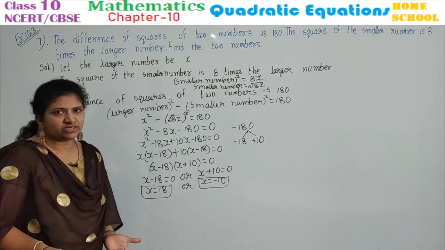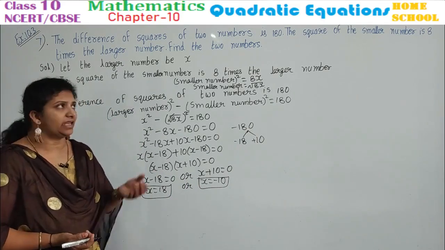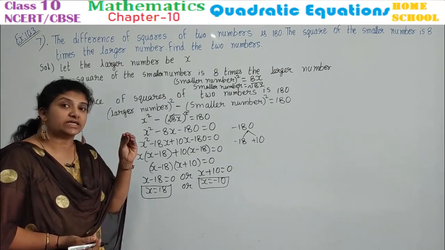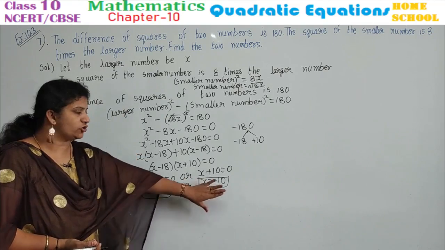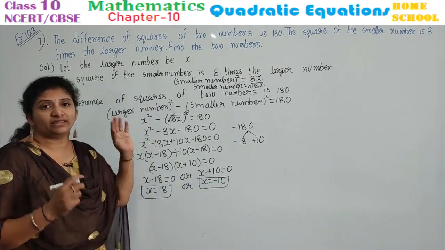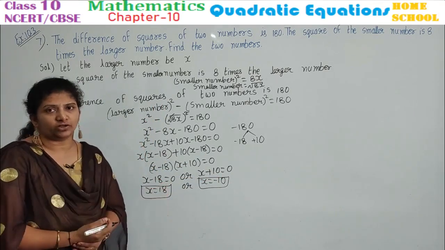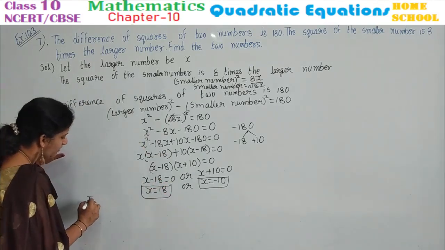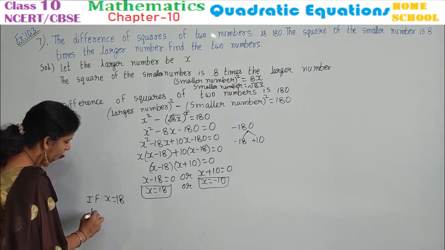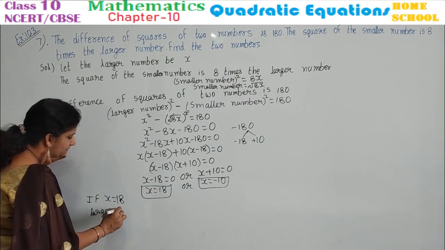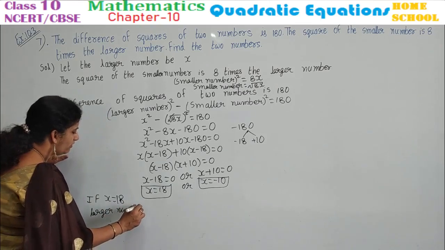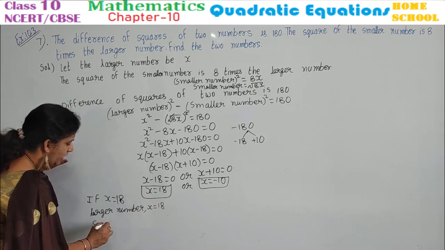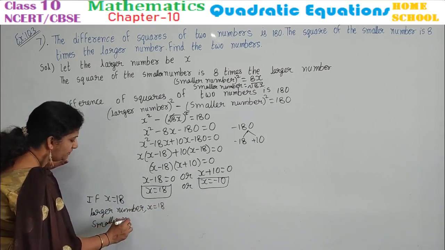So I don't know, the numbers may be negative or positive. They did not give us any word like positive. If they had given positive numbers, I should not consider this. But they did not give us either positive or negative. So, two cases I need to consider. First one, if x is equal to 18, larger number x is equal to 18 and the smaller number, what is the smaller number, children?